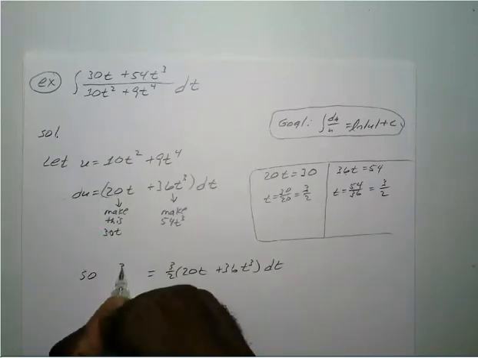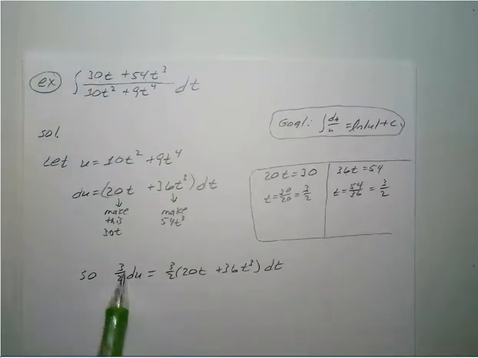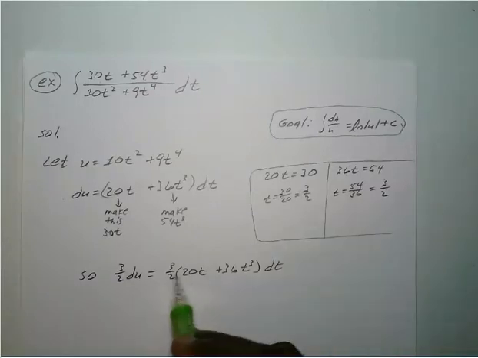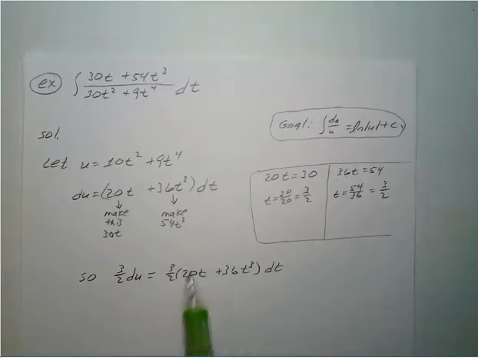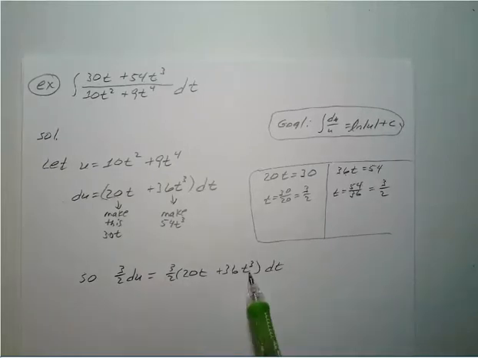So you have 3 over 2 du. Okay, again, if you distribute this out, you have 60 over 2, which is 30. And you distribute this out, you'll end up with 54t to the third. So it works out. You just have to do the same thing to both sides.